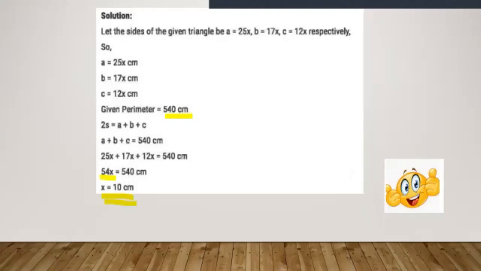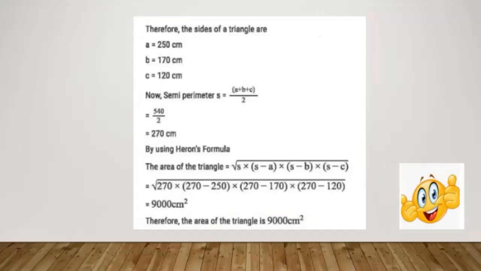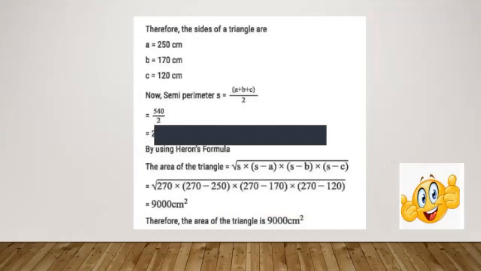Ma'am, we had already calculated x first. Everybody needs to finish these sums, please. These look long, as if they will take time, but actually no. You can do it faster.